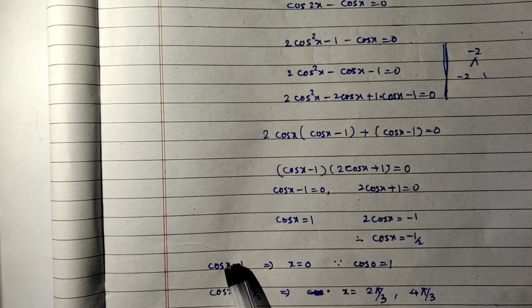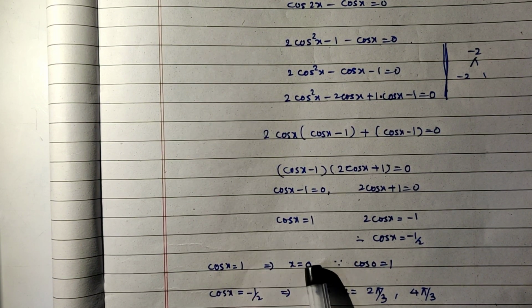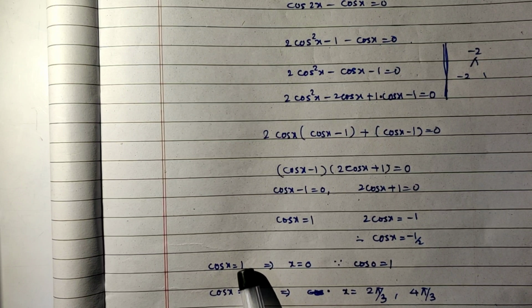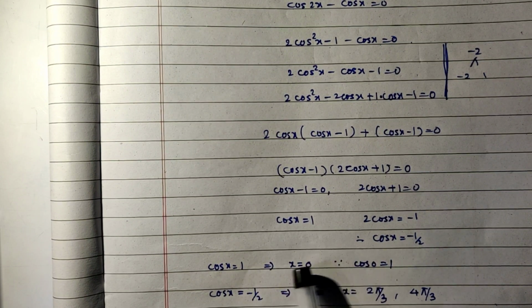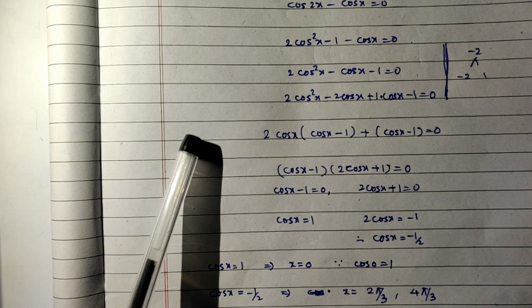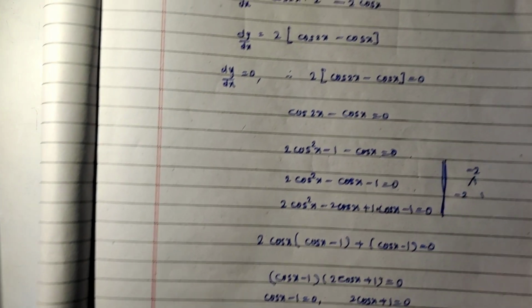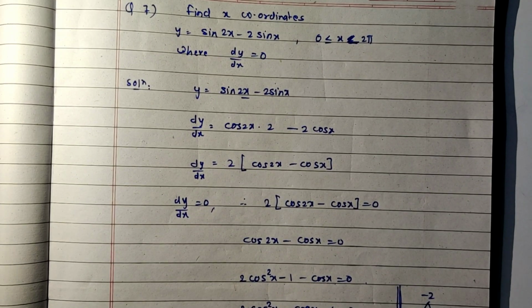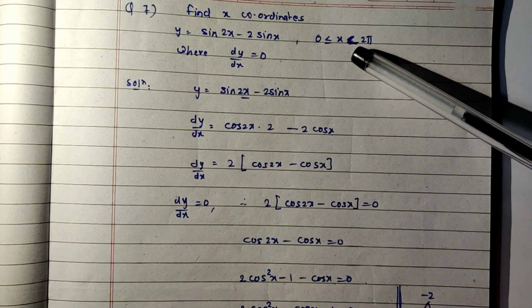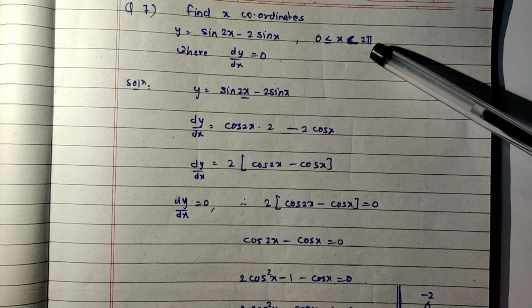Cos x is equal to 1, this implies x is equal to 0. Cos of 0 is 1. Cos of 2 pi is also 1, but 2 pi is not there. x is taking values greater than or equal to 0 and less than 2 pi.